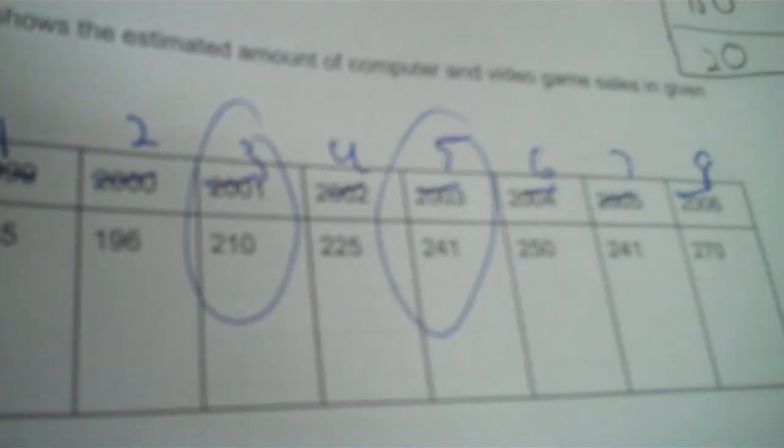Now I need two other points. I'm going to go with the one above 3 and above 5. 3, 210, 5, 241. Okay, and I really can't do the rise over run line because the points are off in the middle and nowhere. So it'd be best to do y minus y, x minus x.